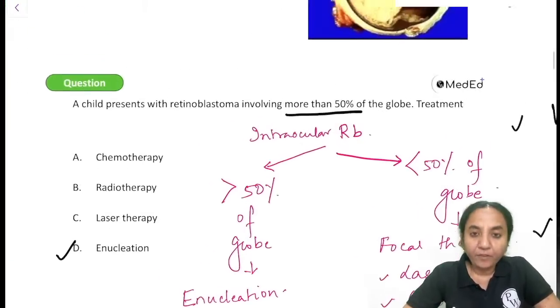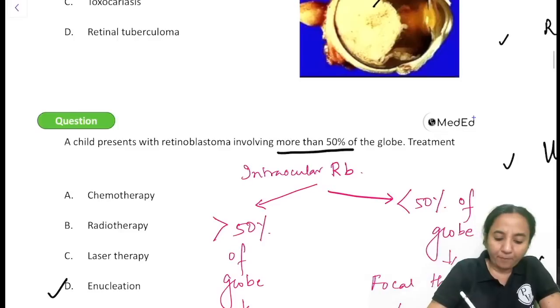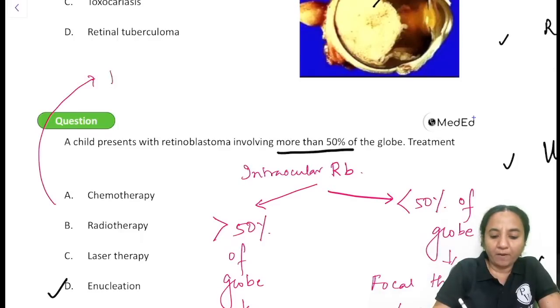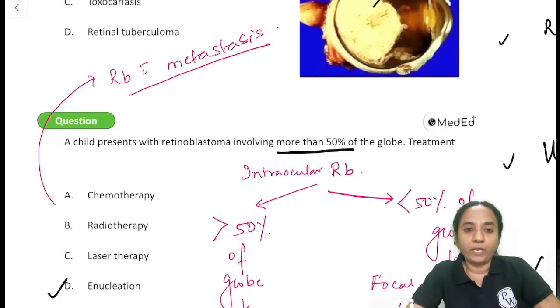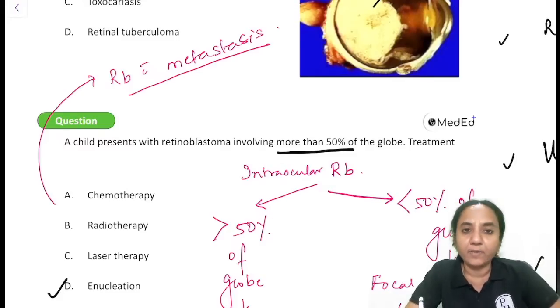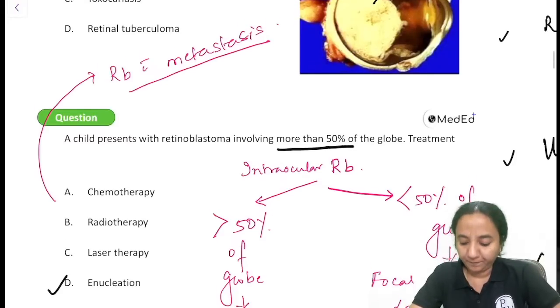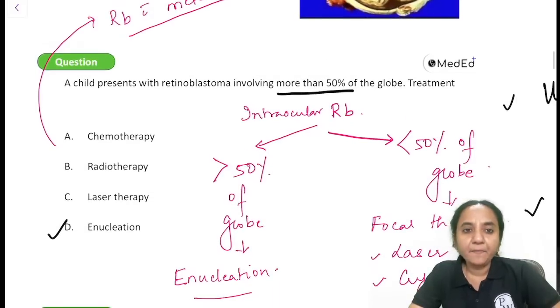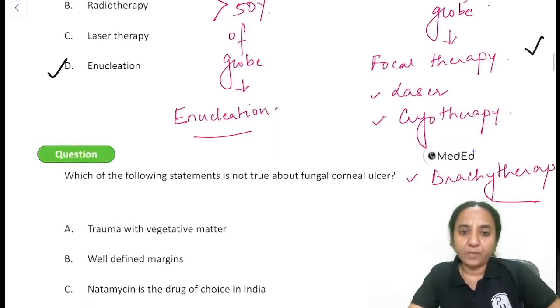And where do you give chemotherapy? Chemotherapy is for retinoblastoma with metastases. So when you have retinoblastoma which has spread to the distant organs, then the treatment for that is chemotherapy. Retinoblastoma with metastasis, then the answer is chemotherapy. Okay? Let's go to the next question.